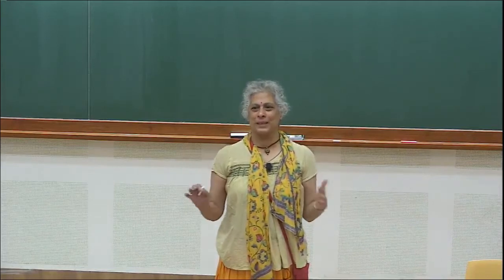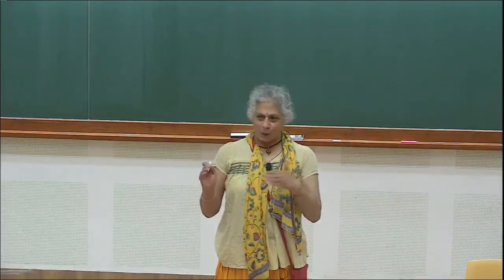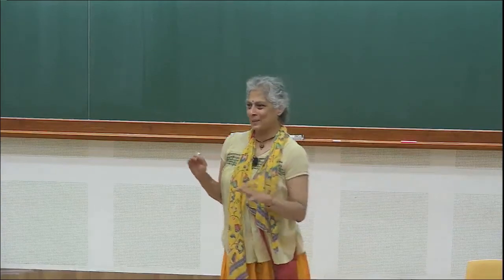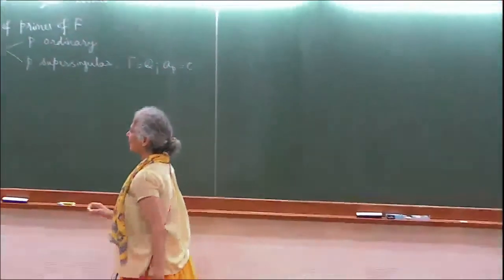Even the experts working in that area do not know how they are related, why they should be different, why they cannot be defined for any number field other than Q, and so on. So there's a lot of work to be done around this.